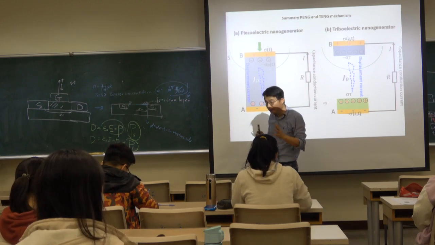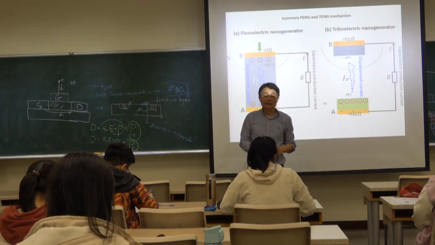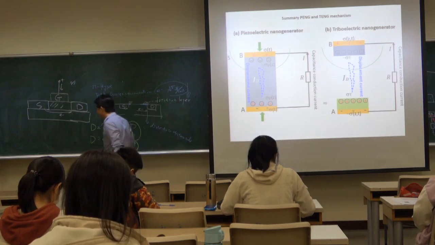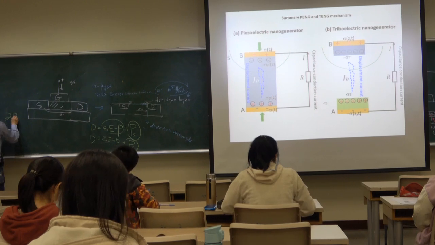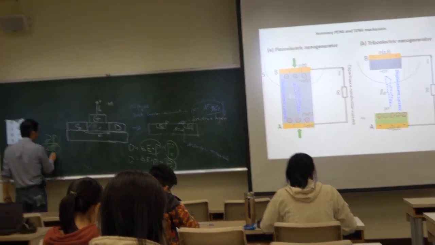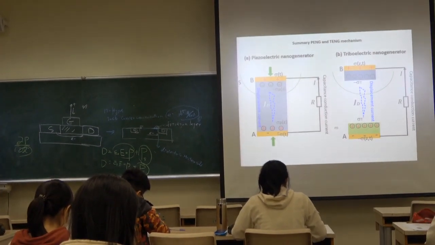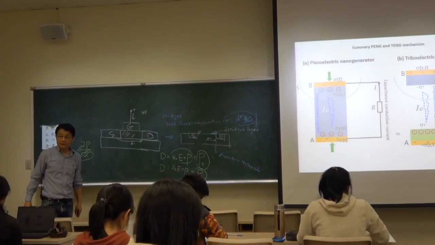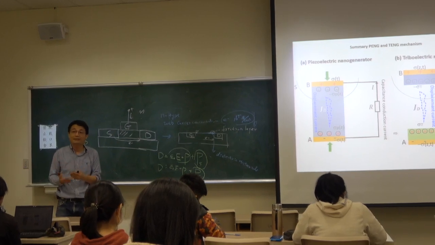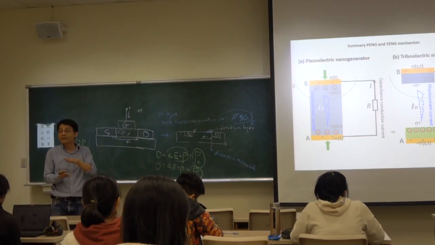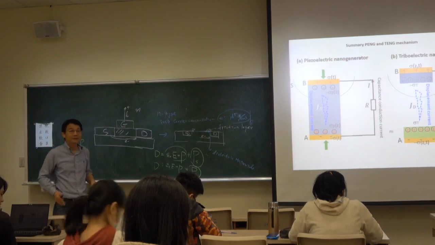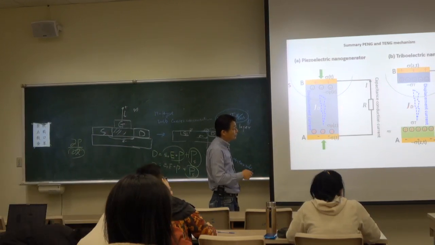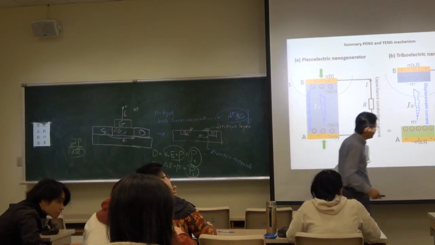This polarization is a function of time, partial P over partial t. That means different times give a different polarization, because the distance is different. So anyway, this is just a summary for you to understand.